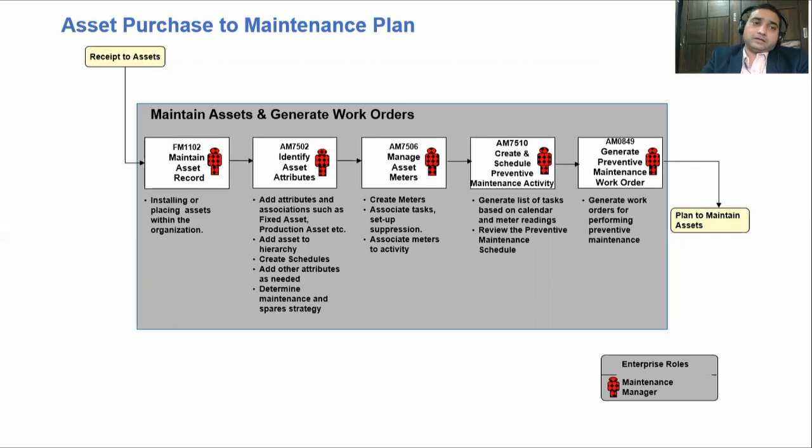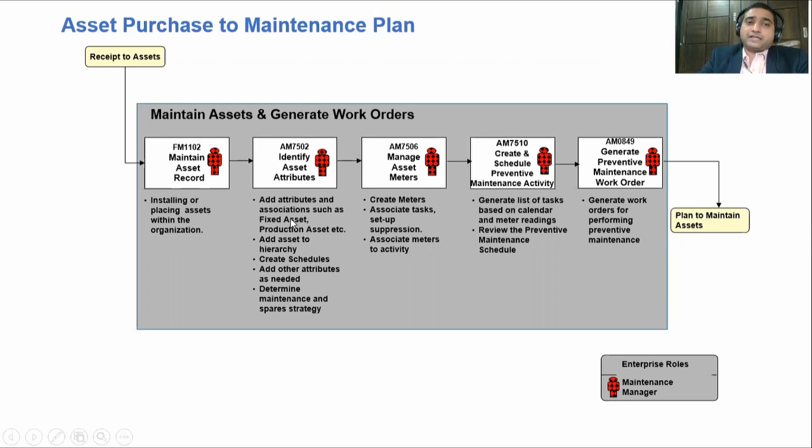And then the first part, once you have purchased it, you will create a maintenance asset record in your maintenance department. Here you will actually install the asset within your organization, and you will maintain various required attributes for that in the next process.